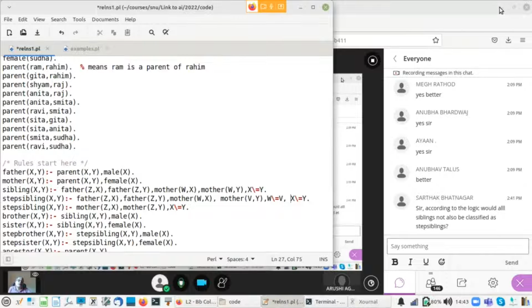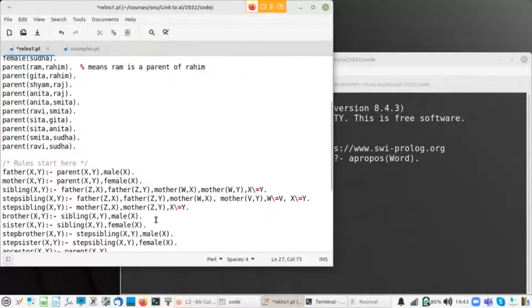We can say that. And of course, we'll have to say the same thing here for step sibling. I'll again have to say the same thing with father.